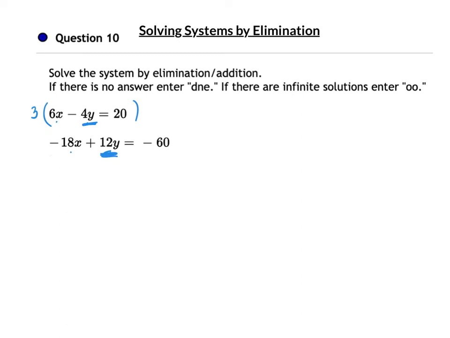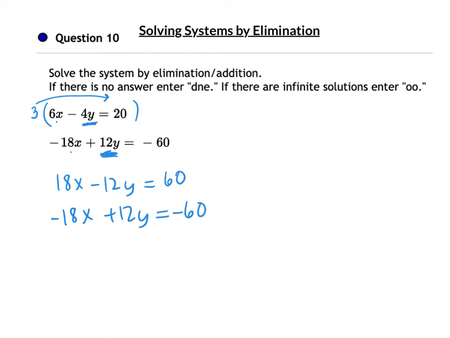I'll rewrite this top equation, multiplying everything by 3: 18x minus 12y equals 3 times 20, which is 60. Rewrite that bottom equation: negative 18x plus 12y equals negative 60.